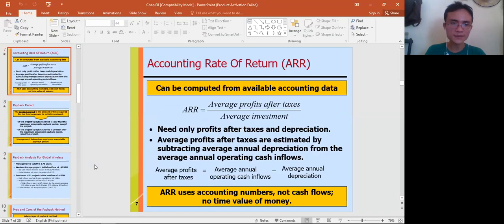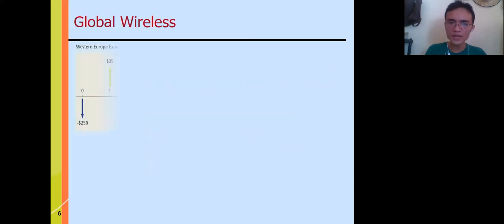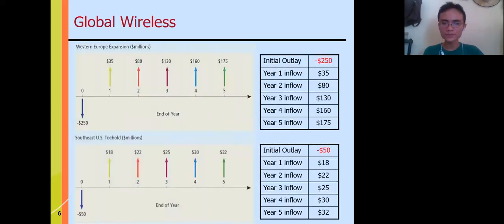Let's go back to that example again. Let's compute. So knowing the first one for Western Europe, for those who are here with me and listening, you can pause this and try to solve for yourself, knowing the details a while ago. So that's what I've said.